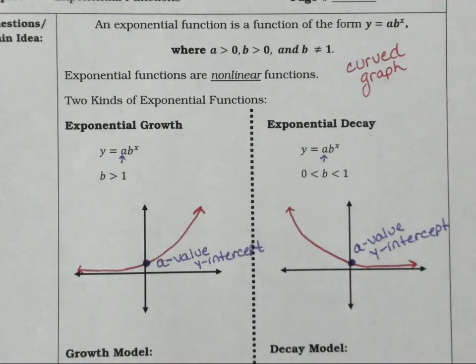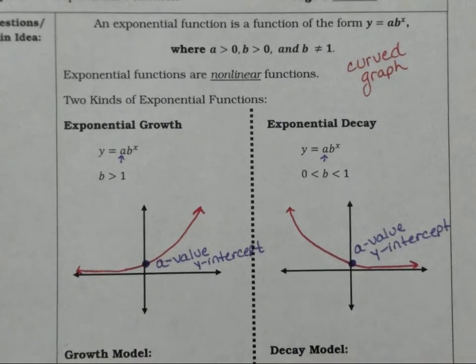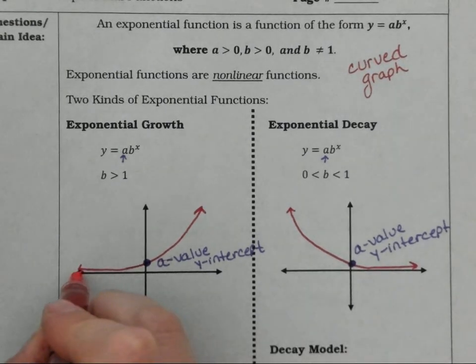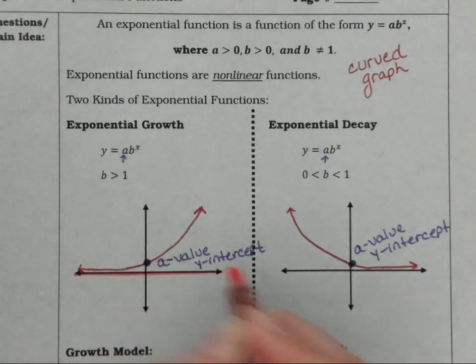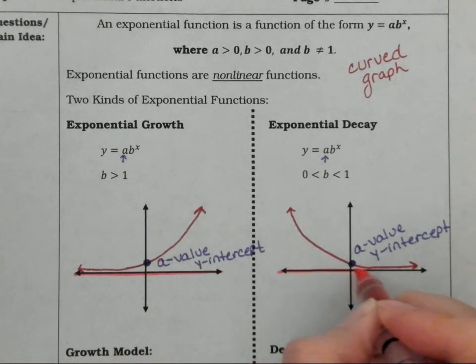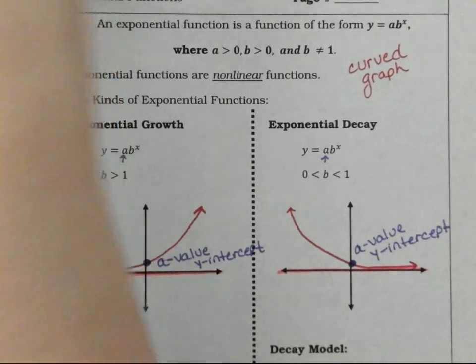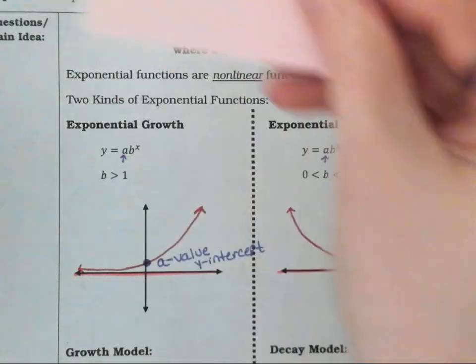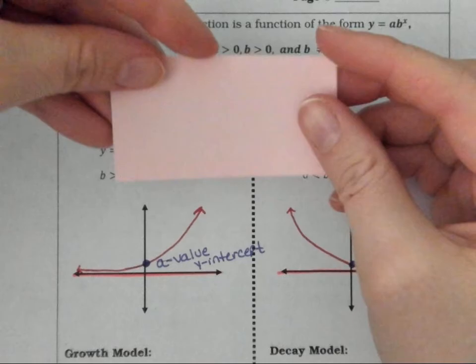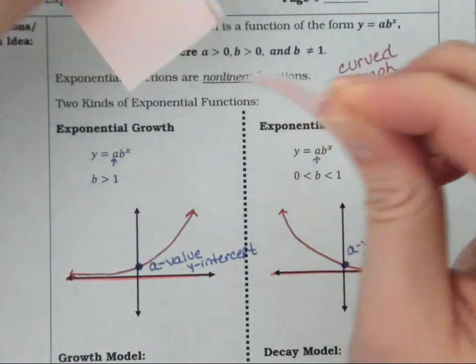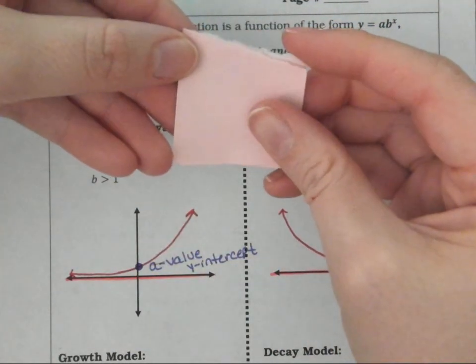And then the other thing that we need to talk about is that your graph will never, ever, ever touch this x-axis. Okay, it will get very, very close to it, but it will never touch it. If you think about a piece of paper, and if I were to rip it in half, I've made my paper smaller.